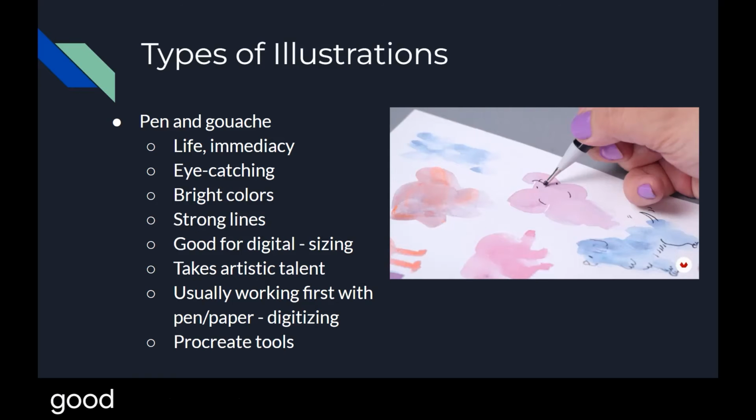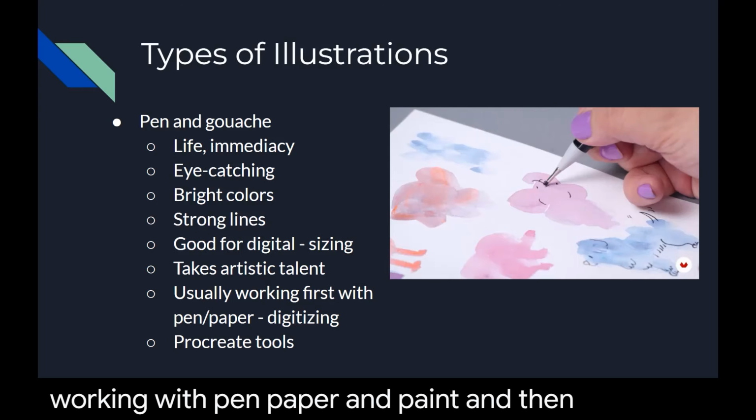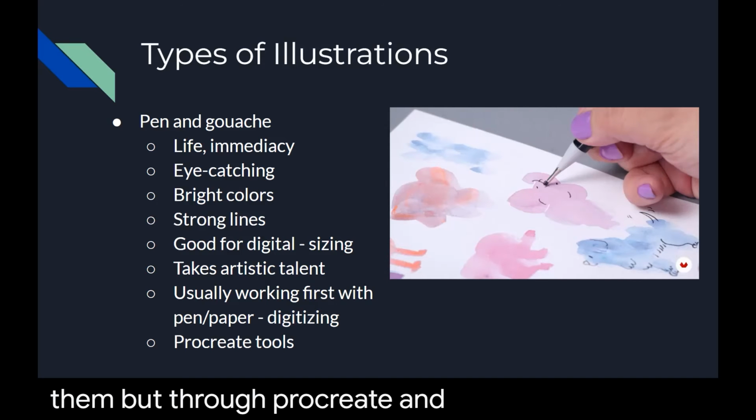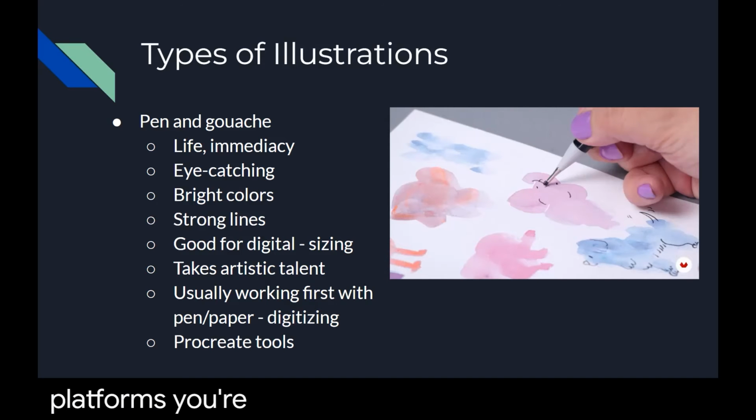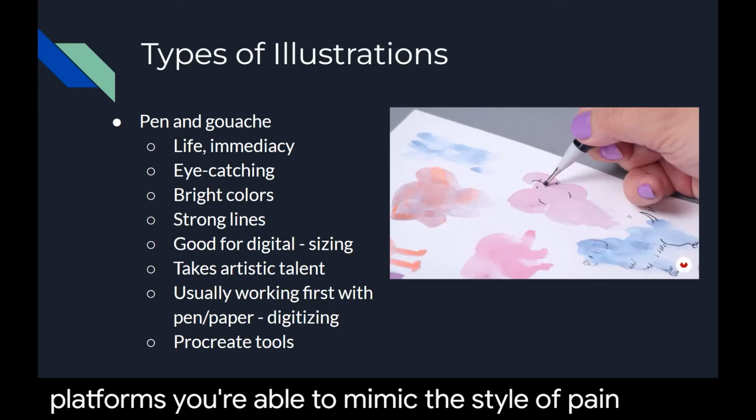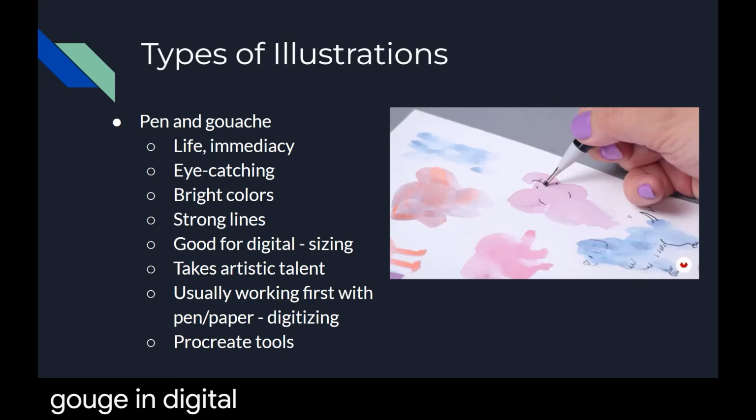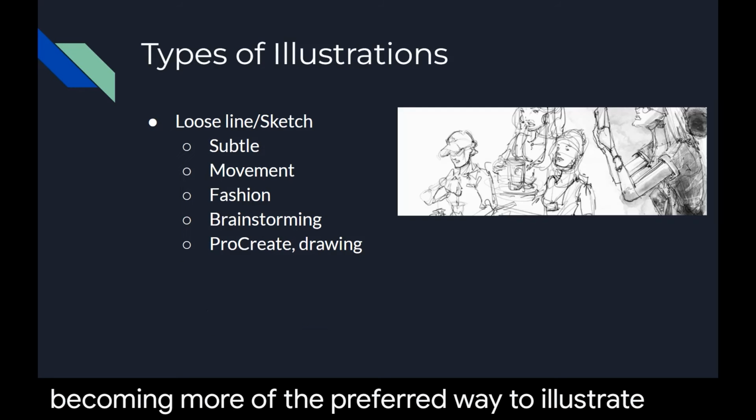They are good for digital in terms of sizing, but again, these do take artistic talent to make. You are usually first working with pen, paper, and paint, and then digitizing them. But through Procreate and other digital platforms, you're able to mimic the style of pen and gouache in digital illustration. And that's actually becoming more of the preferred way to illustrate.